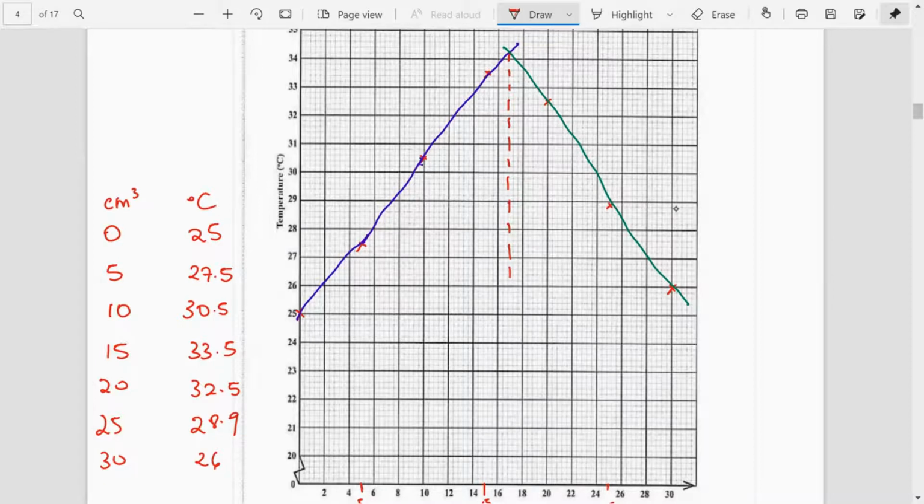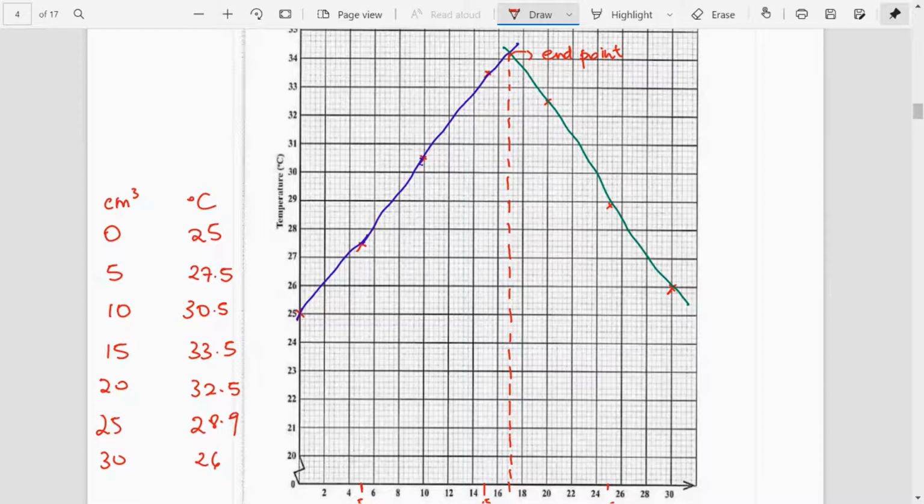I think I'm messing up, but this will be about your equivalence volume, the endpoint. Endpoint is usually the same as the equivalence point in most cases.